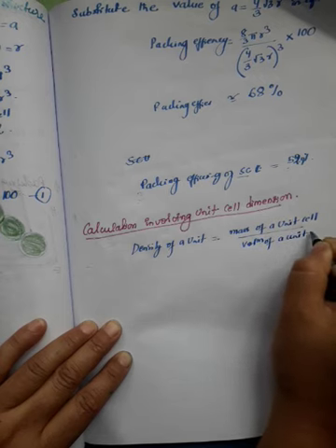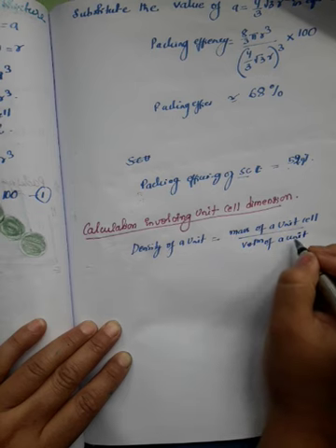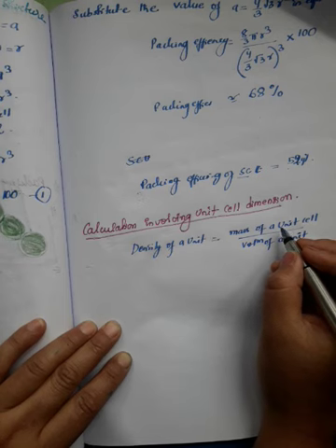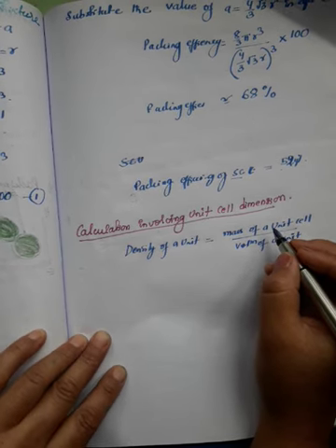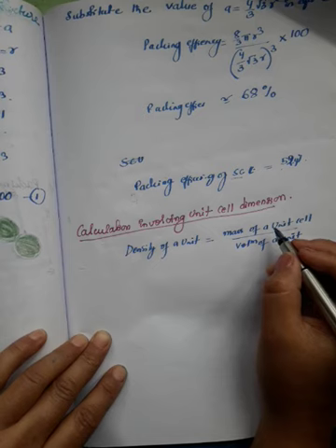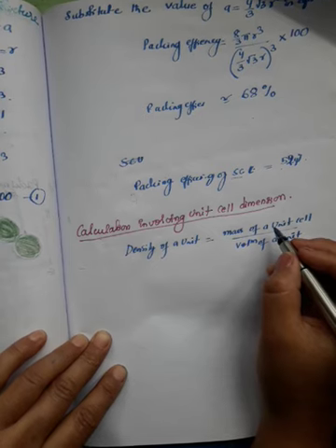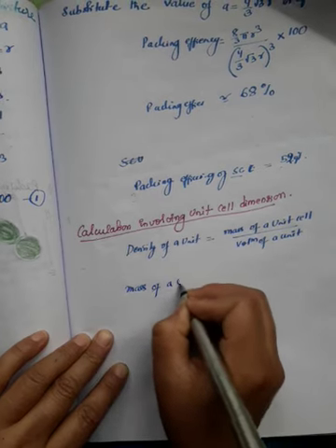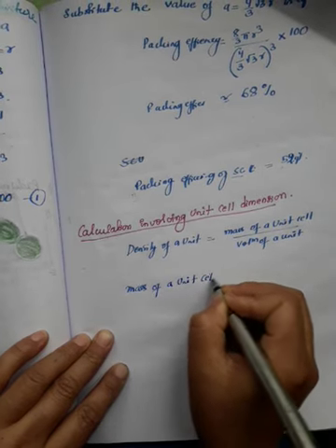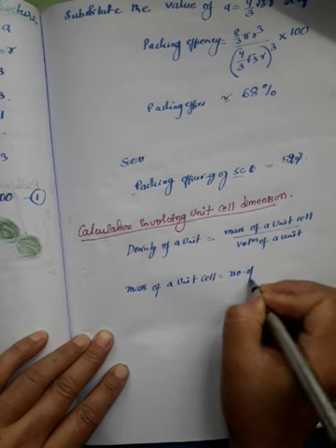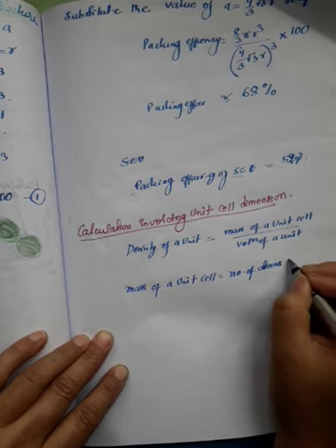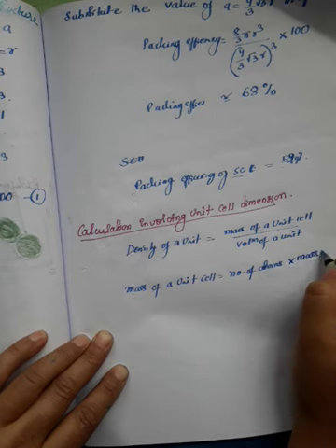For a cubic lattice, the volume of the unit cell is a cube, as we have been saying. Now, what causes the mass of the unit cell? The mass of the unit cell is because of the atoms present. So the mass of a unit cell is the number of atoms present times the mass of a single atom.